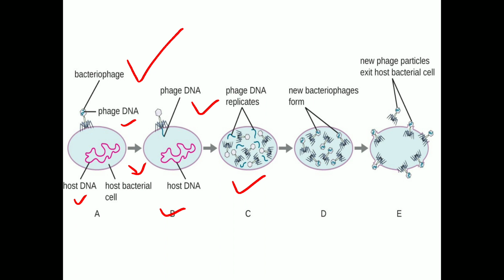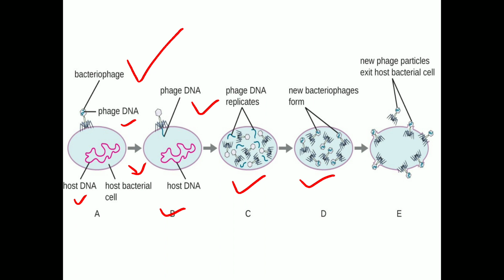Then next, what happens? After the formation of the protein coat, the viral DNA, that is the phage DNA, gets transferred inside the protein coat, and there is formation of a number of daughter virus particles.